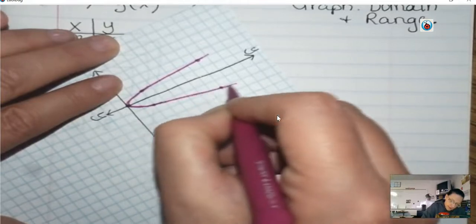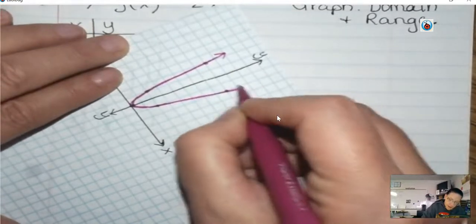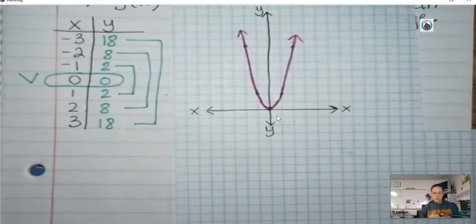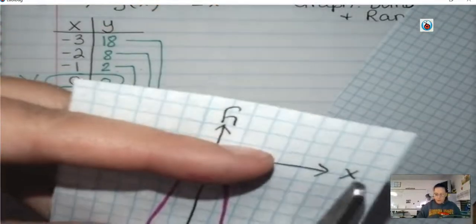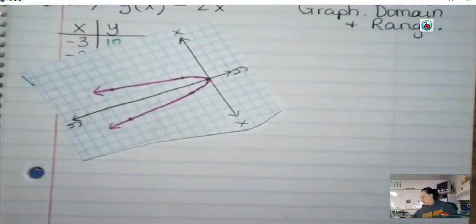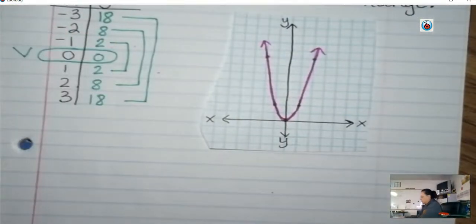And then also make the line go on forever, because it goes up forever, so it gets arrows on it. So these graphs usually are not so pretty. They're a little messier looking because we're trying to make that curve. And then when you're ready, you can cut that out and glue that into your notes if you like. And then we'll do the domain and range in a minute.